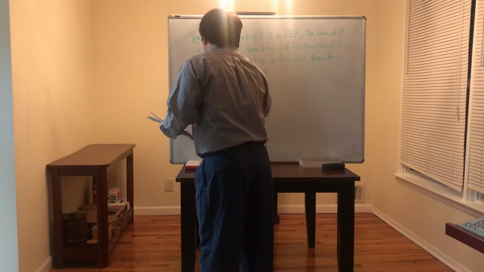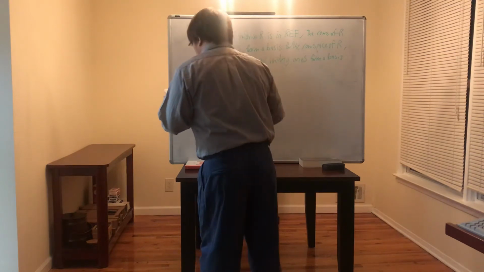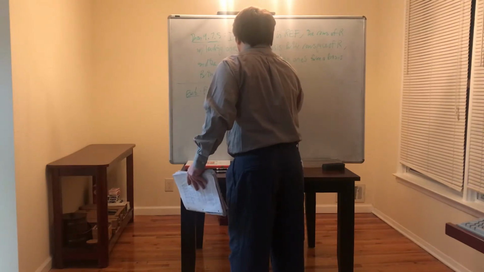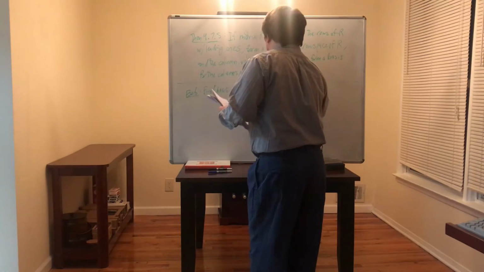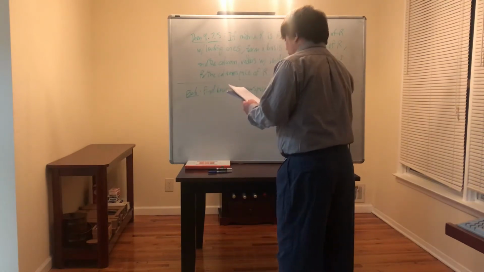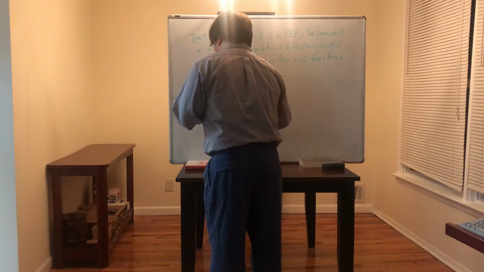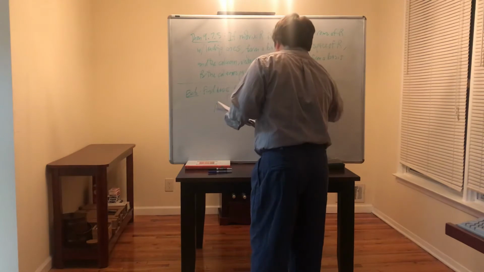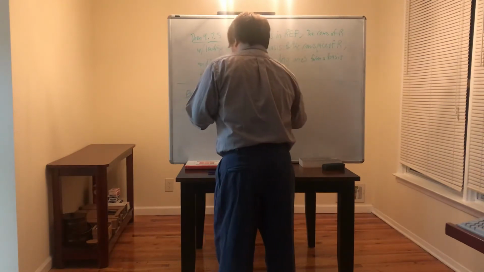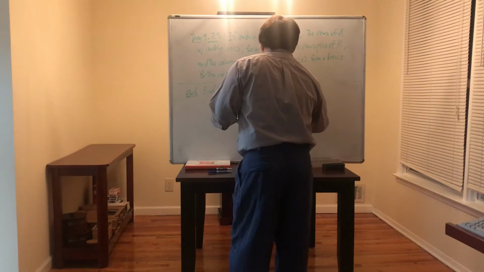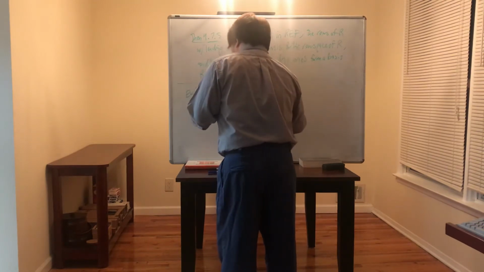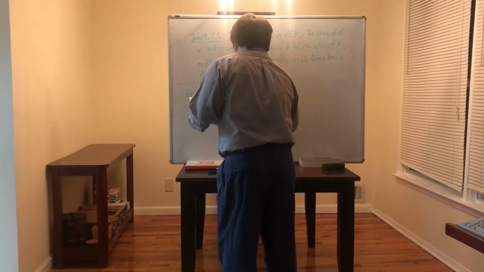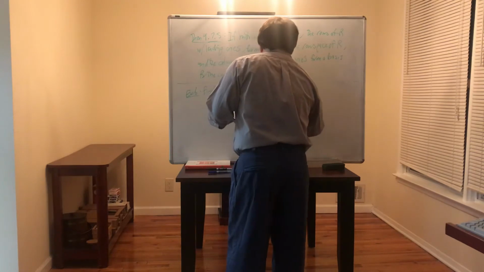Okay, so in example 6, we're going to find a basis for the row space of this matrix A, which is equal to 1, -3, 4, -2, 5, 4, and then 2, -6, 9, -1, 8, 2, then 2, -6, 9, -1, 9, 7, and then -1, 3, -4, 2, -5, -4.